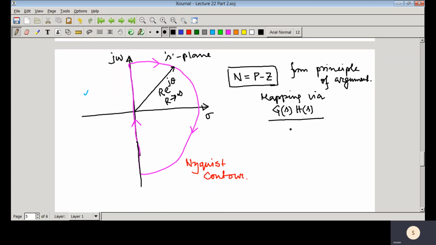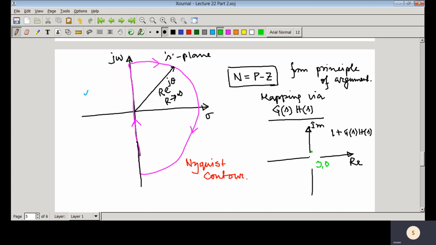If we map via 1 plus g of s h of s, then we have a plane of 1 plus g of s h of s, and this is the origin.